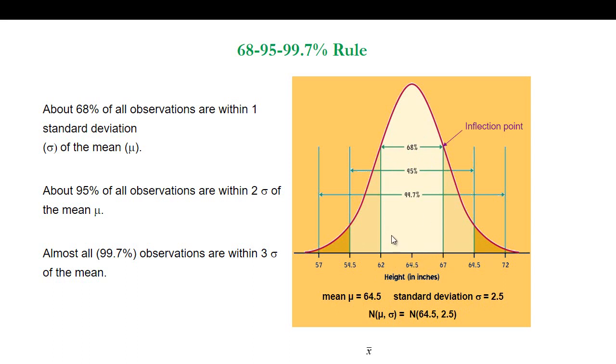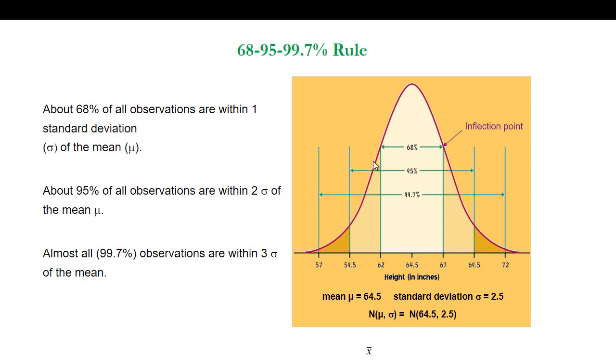That means 68% of the observations will be between 64.5 minus 2.5 and 64.5 plus 2.5, so between 62 and 67.